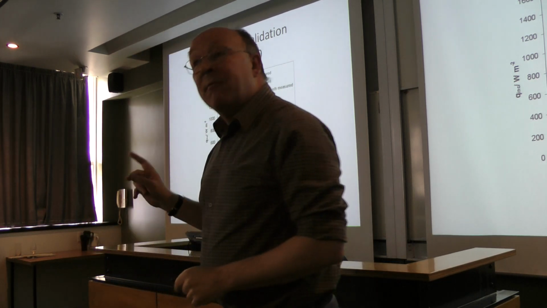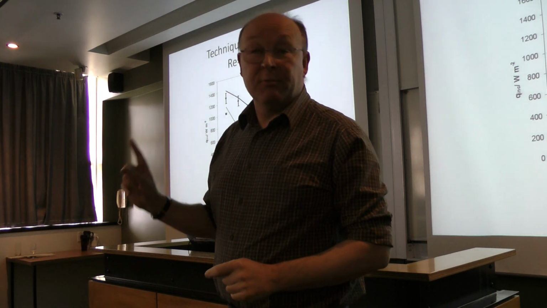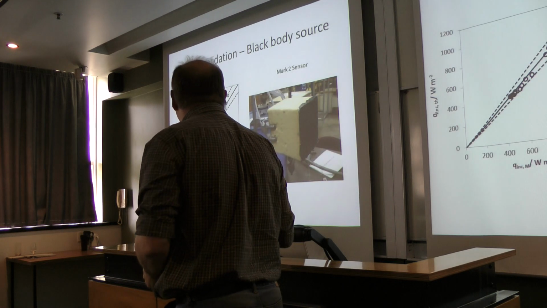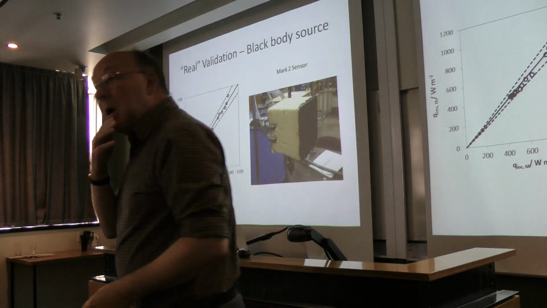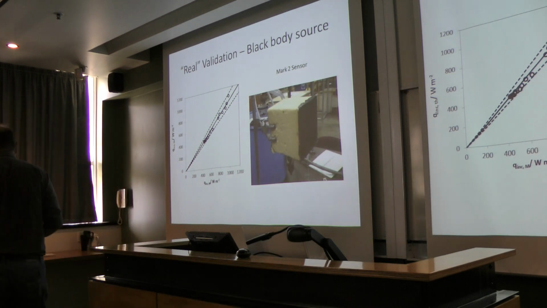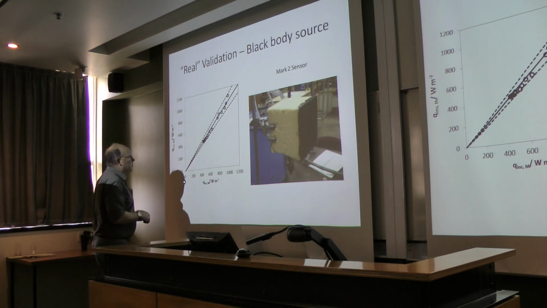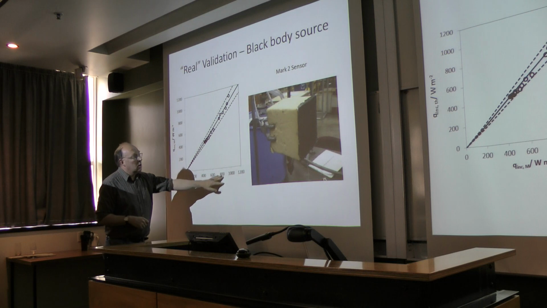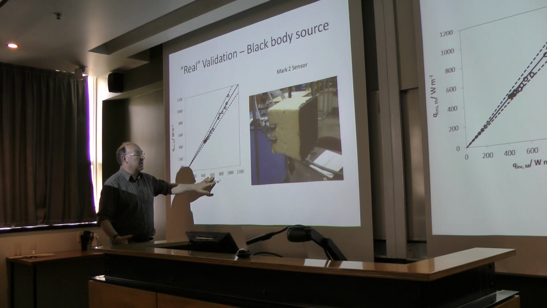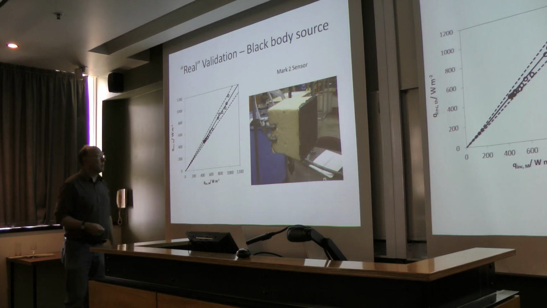I actually got that through a reviewer, or some reviewers, which I was quite pleased about. After the fact, I got my hands on a black body source, and that meant I could actually calculate measured or theoretical heat fluxes to compare against not my technique, but the technique using thermocouples.